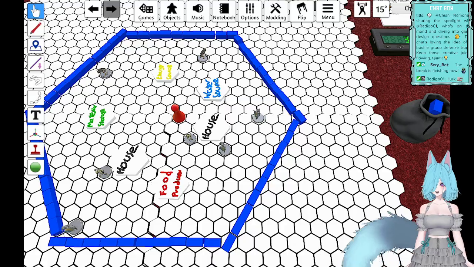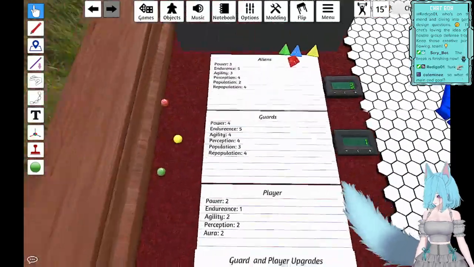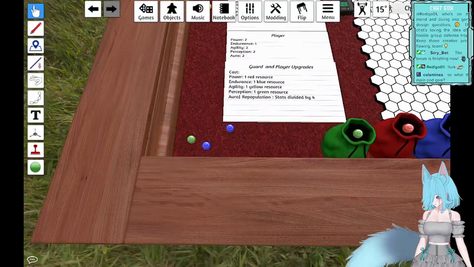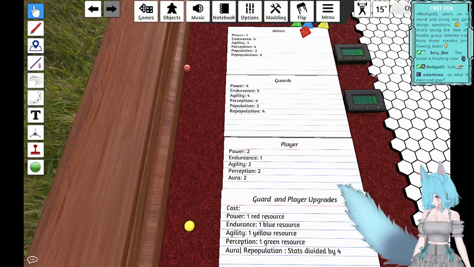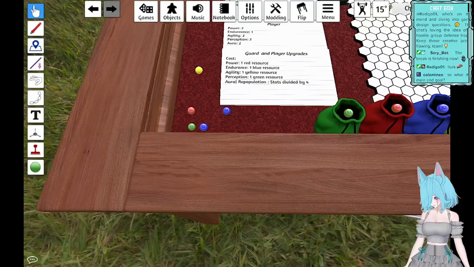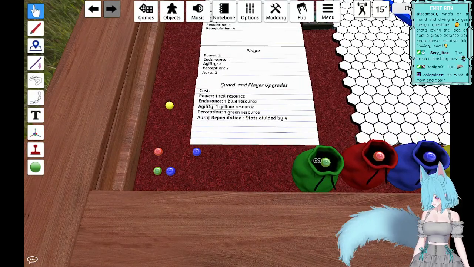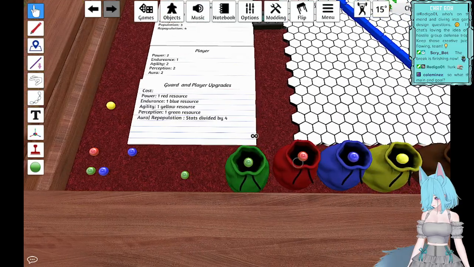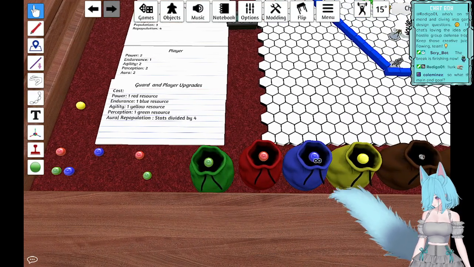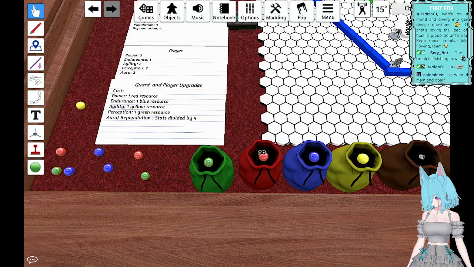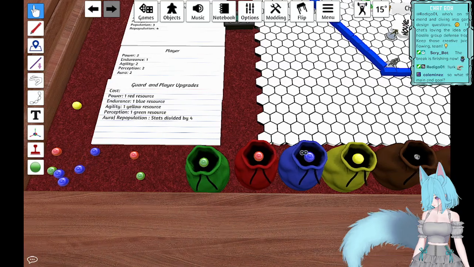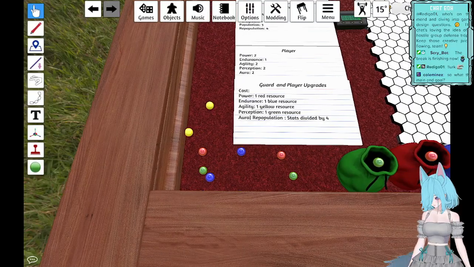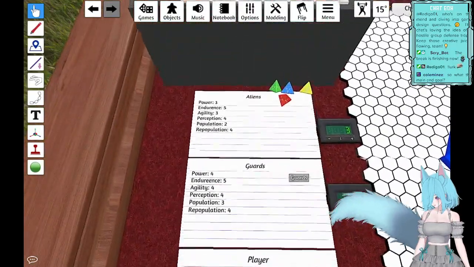So, yeah. We get 2 of each resource from the civilians. Okay, so let's see the alien stats.